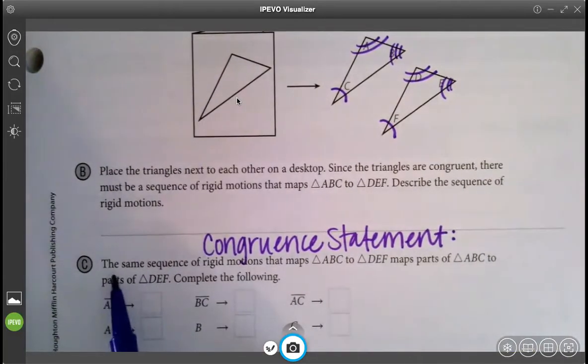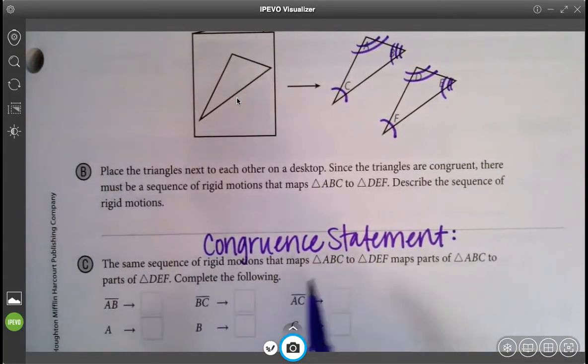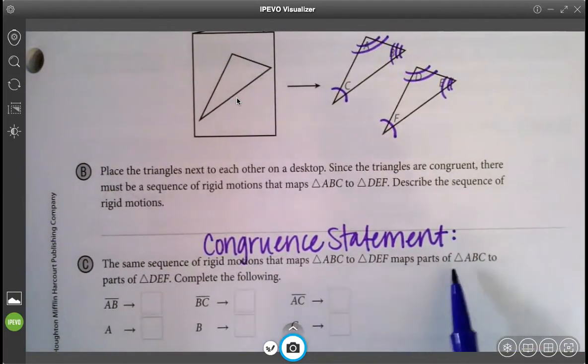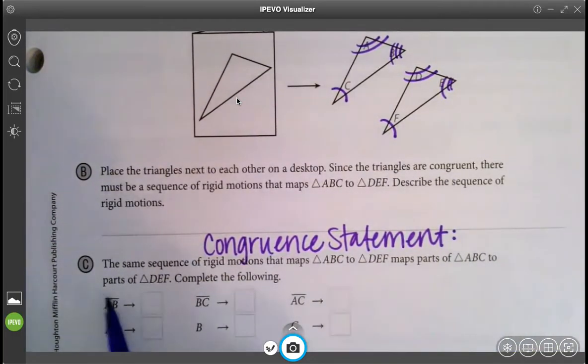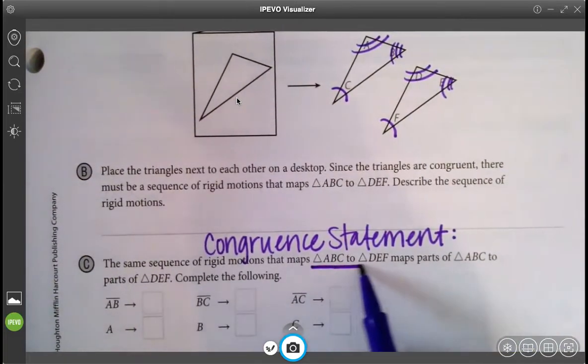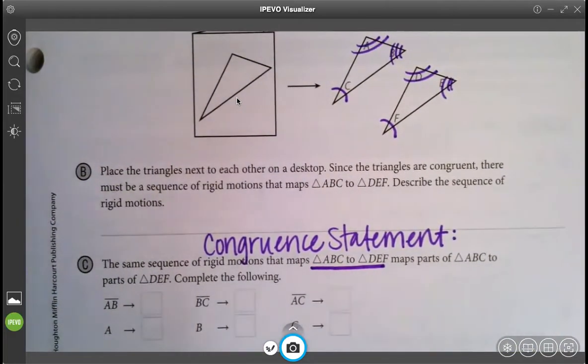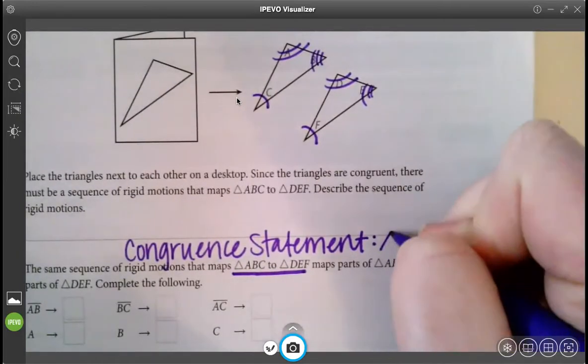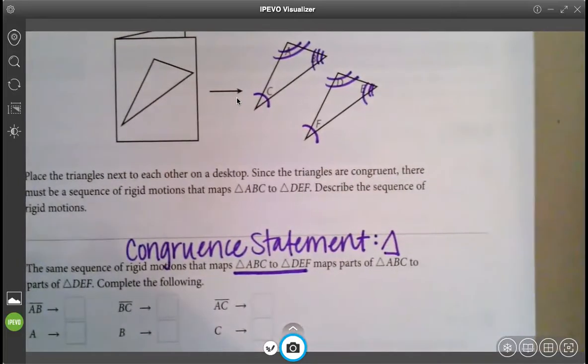So down here it says the same sequence of rigid motions that maps triangle ABC to triangle DEF maps parts of triangle ABC to parts of triangle DEF. So what they're saying is ABC and DEF map onto each other, those parts in that order. So for your congruence statement, we're going to use the triangle symbol so we don't have to write the word triangle.